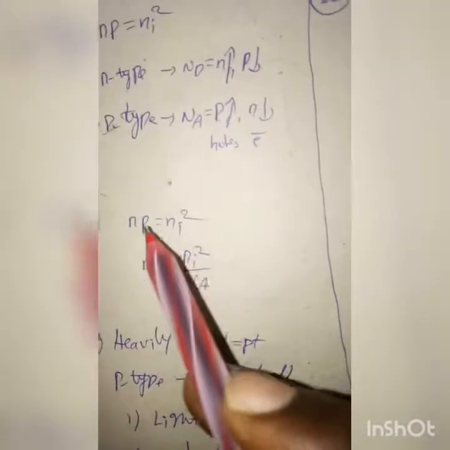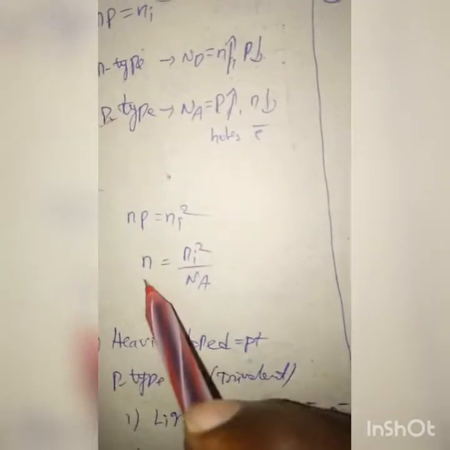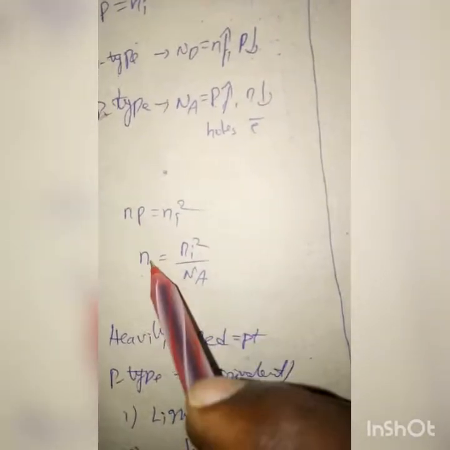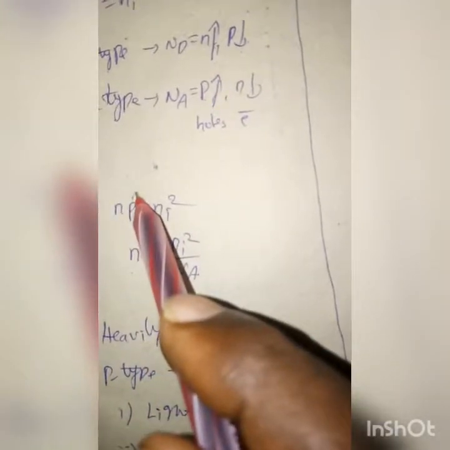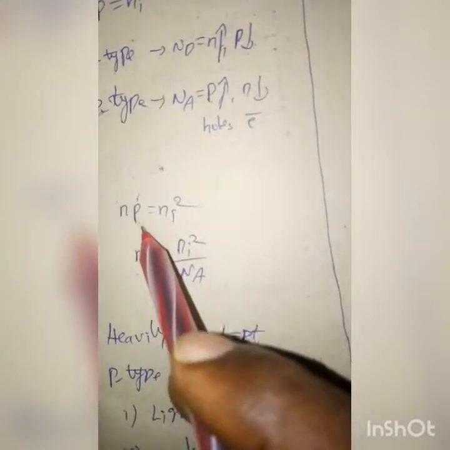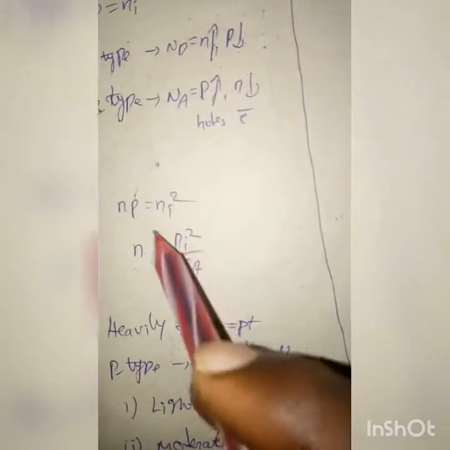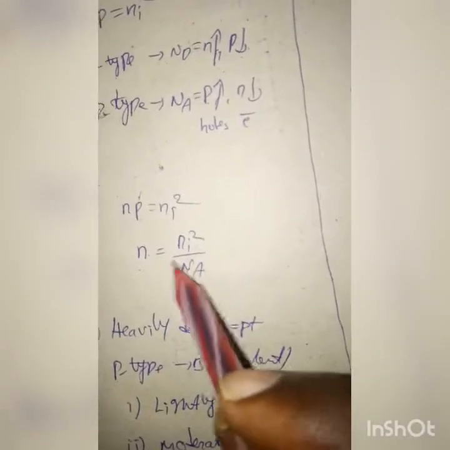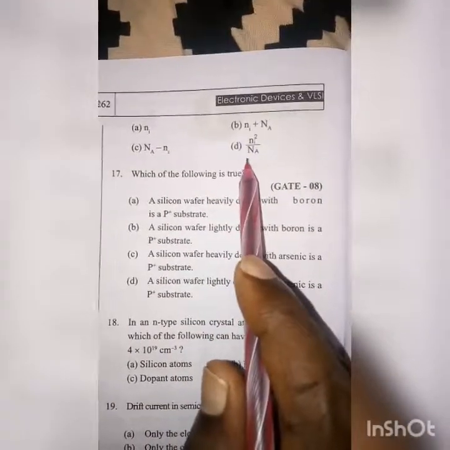Till now you are seeing the mass action law, np is equal to ni square. n is the electron concentration, p is Na. This is the acceptor impurity atom, and this is the donor impurity atom. So n is equal to ni square by p, and p means Na. So from the options, ni square by Na is the answer.